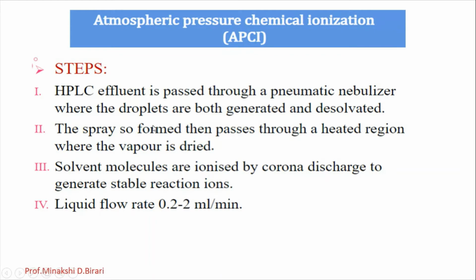Here, the liquid spray is produced by passing coaxial nebulizer gas, which is N2, and the solvent spray is vaporized with the help of heating coils. Once the vapors are formed, they will be injected towards the mass analyzer. Now, the corona discharge electrode is used for ionization, and the solvent vaporization is due to the heated nebulizing gas.